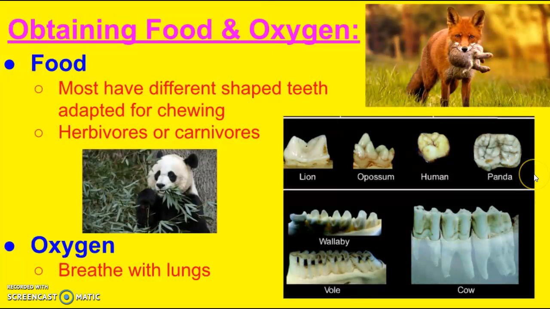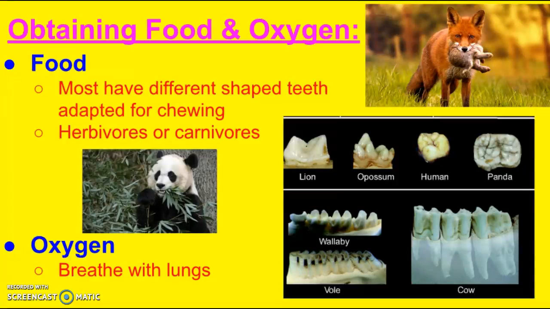You can see that it's large and flat, and that helps it break down that hard bamboo. So mammals can be both herbivores and carnivores, meaning they eat plants or other animals, or both. Think of a human. We eat plants and animals.